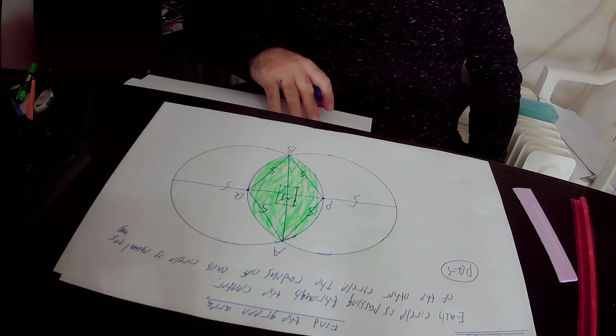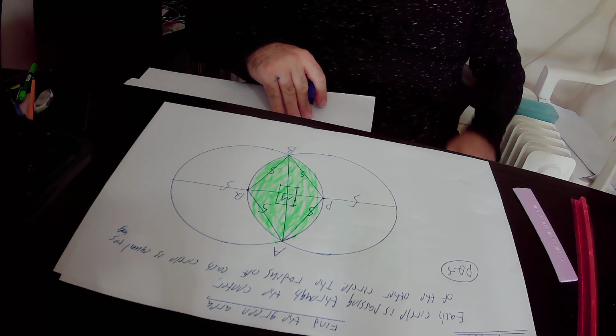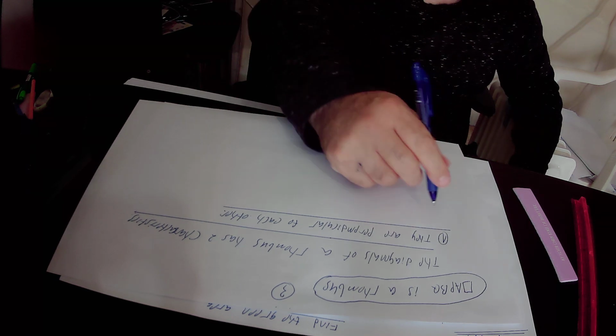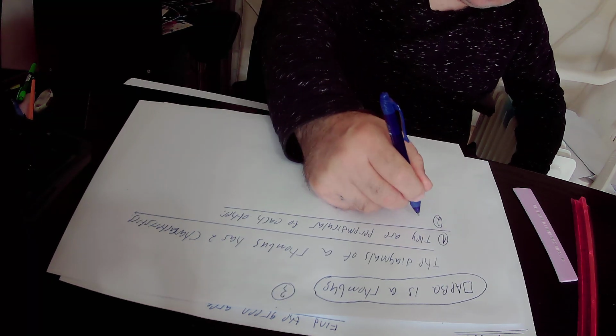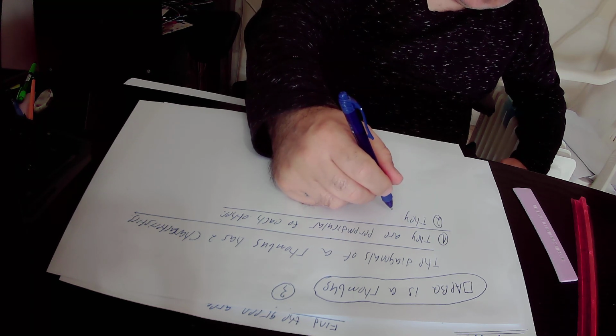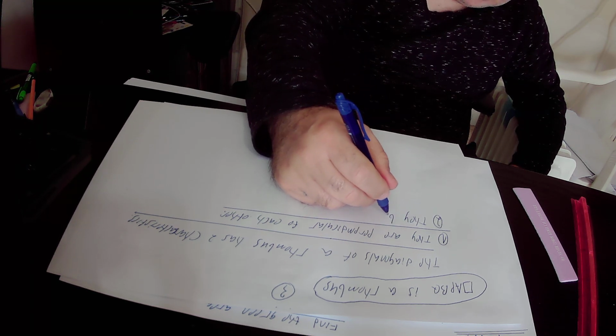And the second characteristic of the diagonals of a rhombus is that they bisect each other. The diagonals of a rhombus bisect each other.